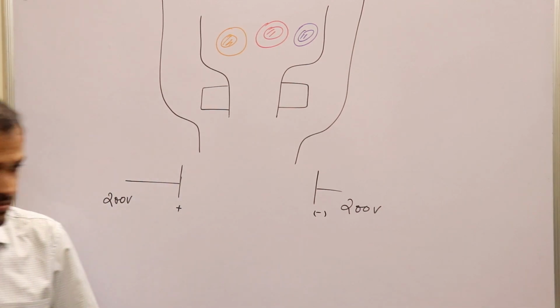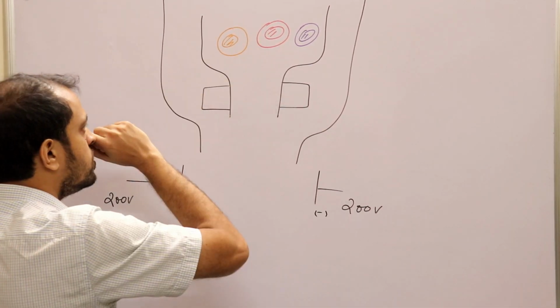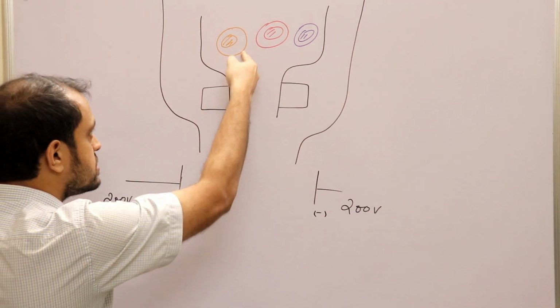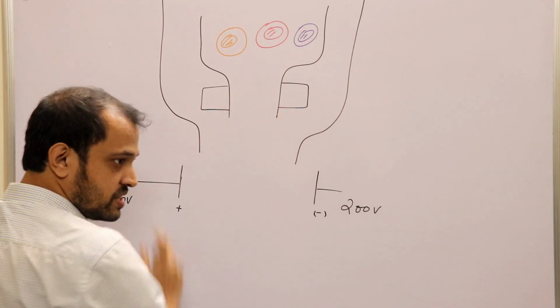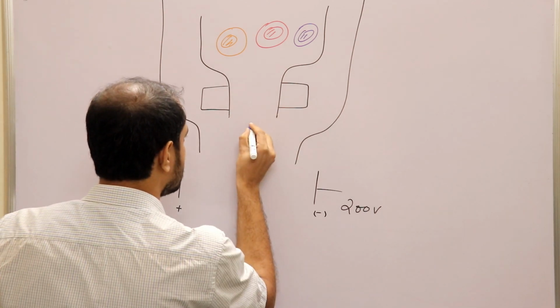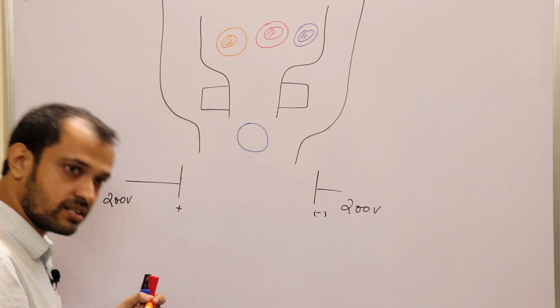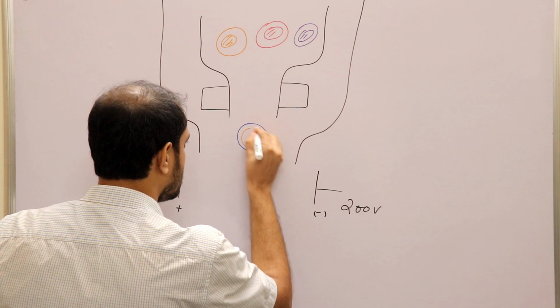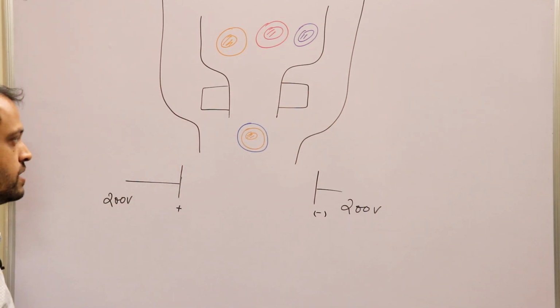Now listen, suppose at first this cell is coming in a streamline fashion, and due to these vibrations or the piezoelectric effect, a droplet is formed. In this droplet the yellow colored cell is present.